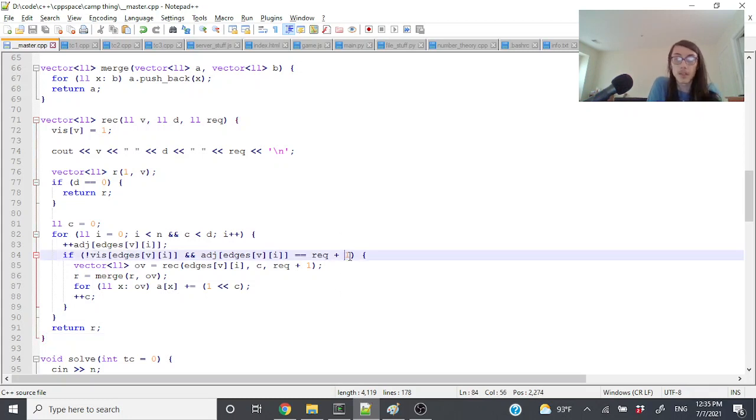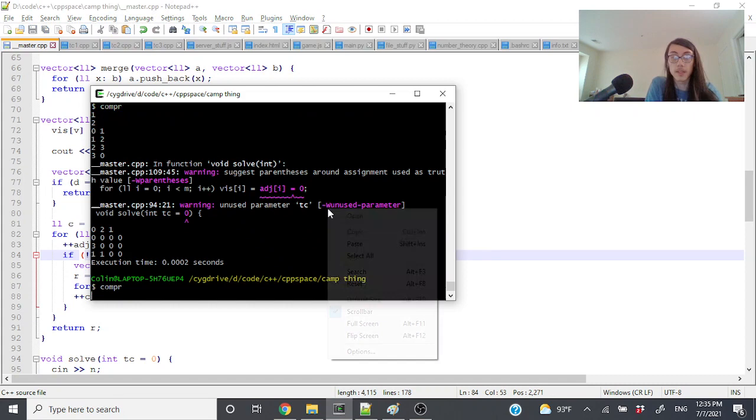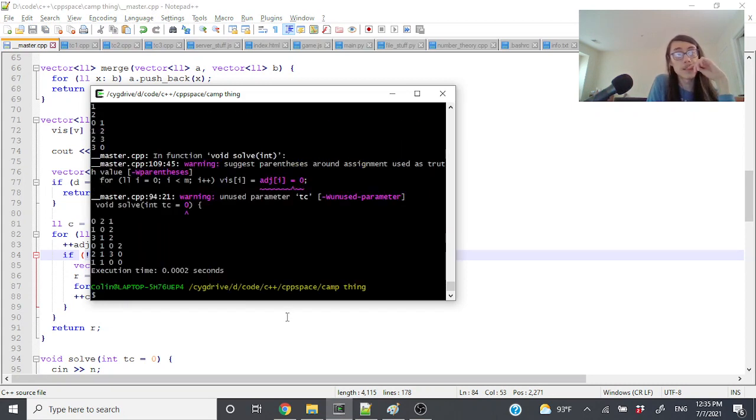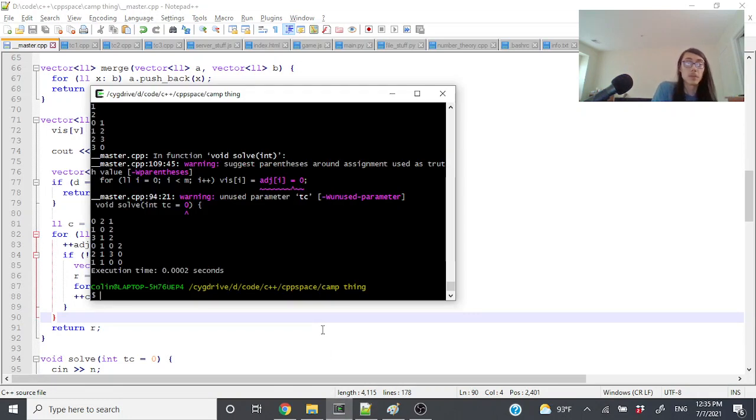Oh, it should not be rec plus 1 anymore, it should just be rec. Okay, 01, 02. So we're recursing for 0, 2, and 1.